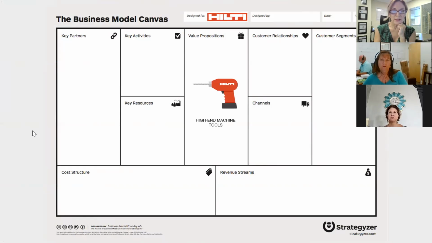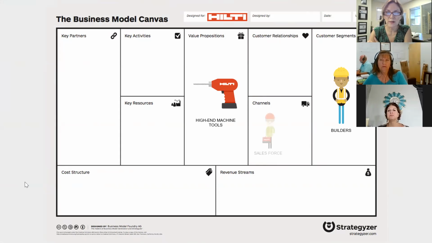So this is how their business model canvas looked before they decided to change the way they reach out to their customers. It was a very product-centric company. They have the high-end machines, and their customer segment is builders. They have salesforce people working to get the customers.